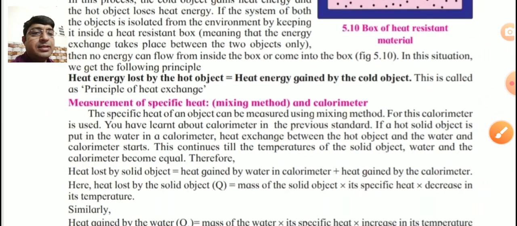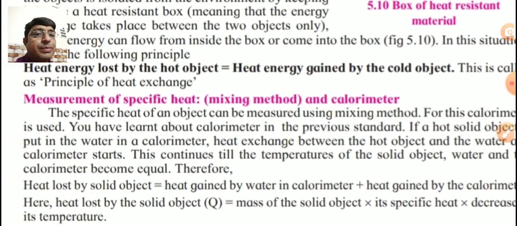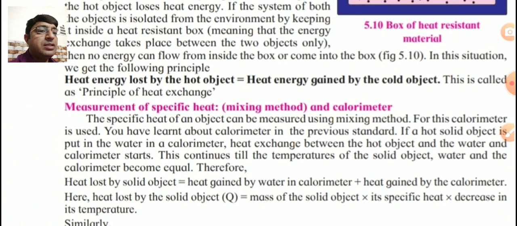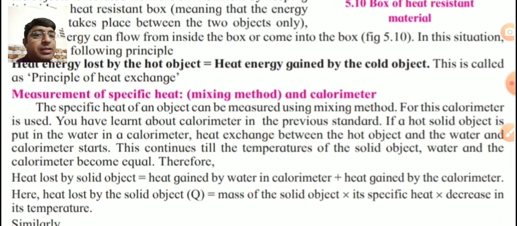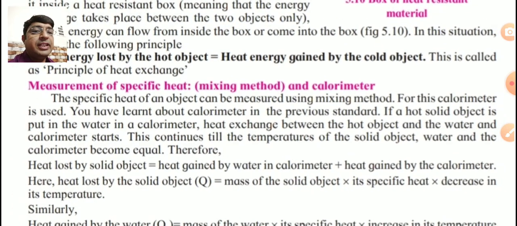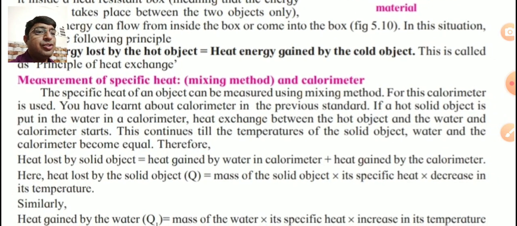The last point of this lesson is measurement of specific heat, called the mixing method, or in the previous standard you learned about the calorimeter. So the calorimeter is used to measure the specific heat of a substance. The specific heat of an object can be measured using the mixing method.